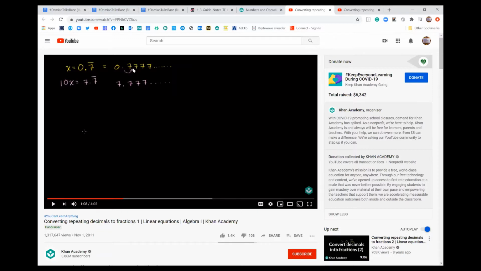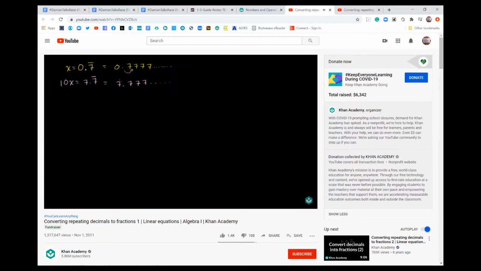That is a repeated decimal instead of rewriting it over and over again. We know what x is. x is this 0.777 repeating forever. 10x is this, and this is another repeating thing.